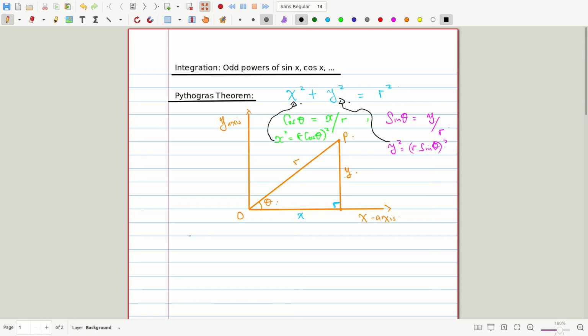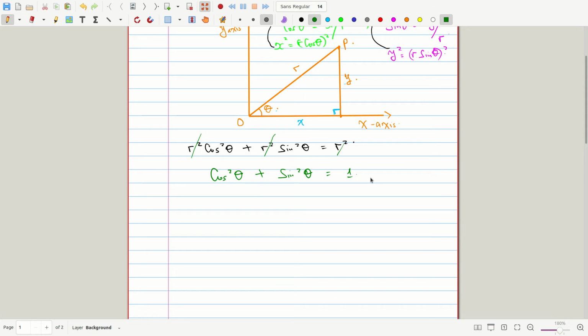So if we do that, we should be able to come up with the result of r squared cos squared theta plus r squared sine squared theta equals r squared. Okay, so of course we see this is common, it can cancel out, and then we have cos squared theta plus sine squared theta equals 1.